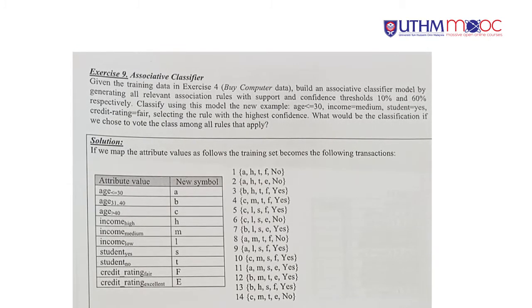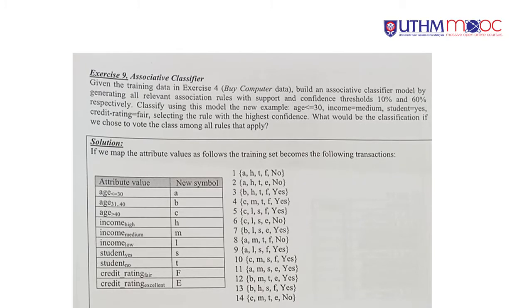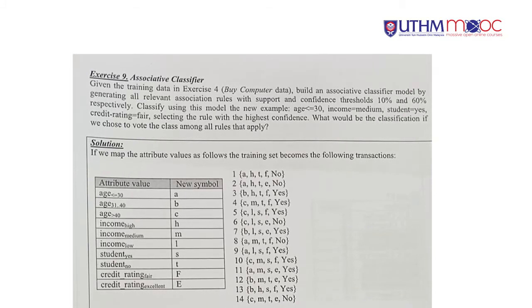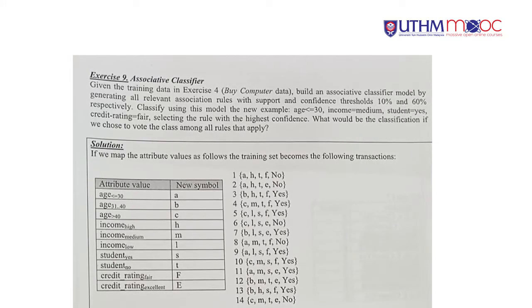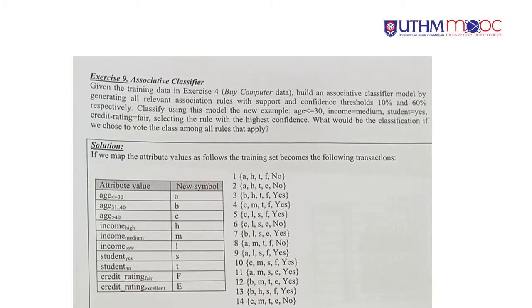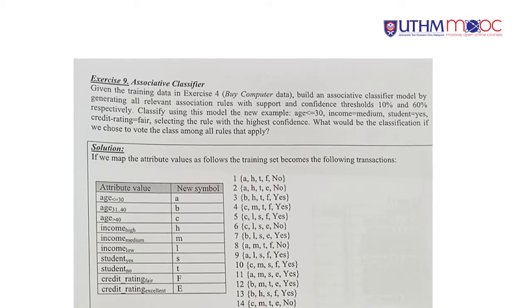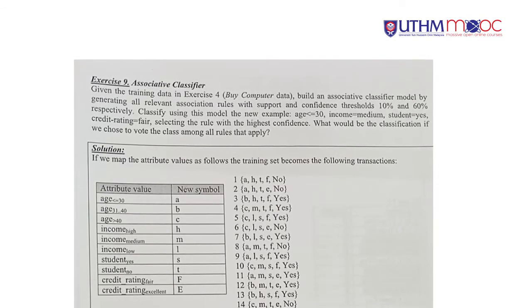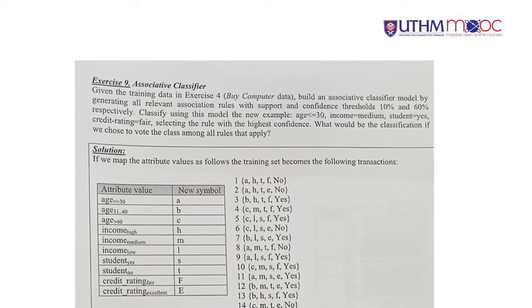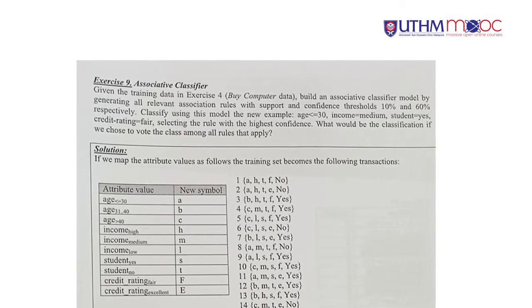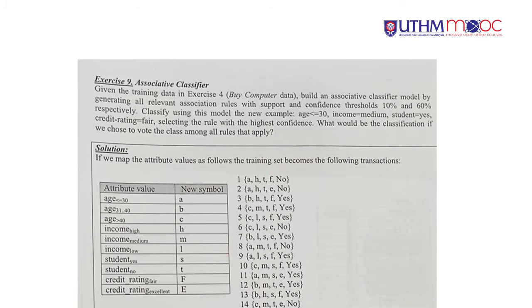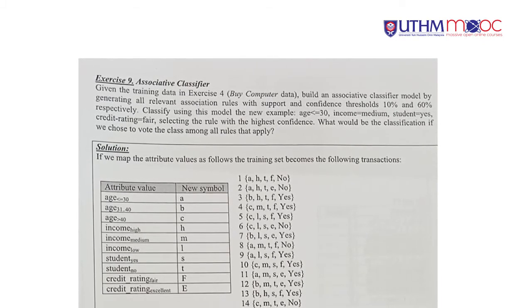For each frequent item set, we create all possible rules that contain all the items in the item set. Then, for each rule, we compute the support of all attributes of the rule, divided by the support of the attributes on the left-hand side, which is the confidence of the rule.